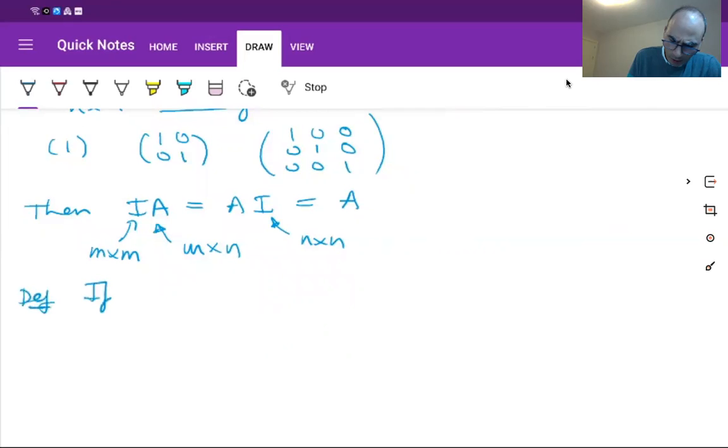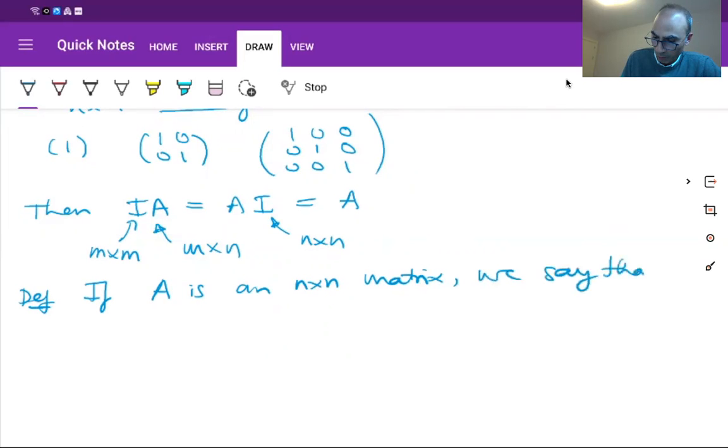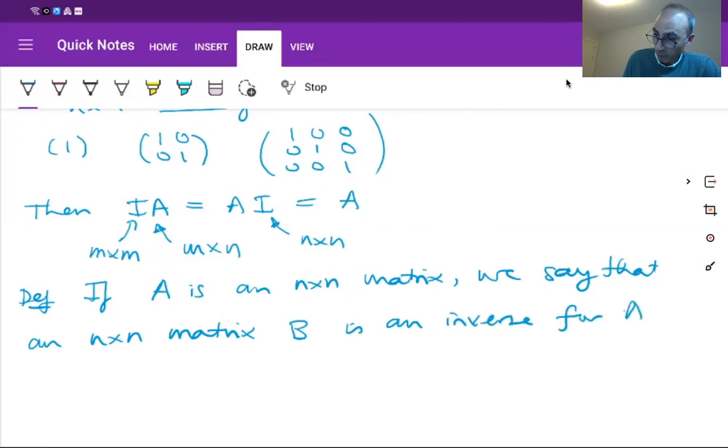So, definition: if A is an n by n matrix, we say that an n by n matrix B is an inverse for A if A times B is equal to B times A is the identity.